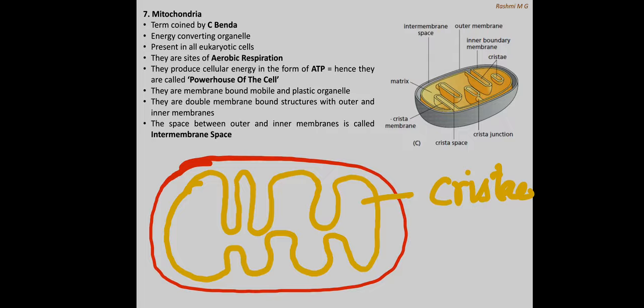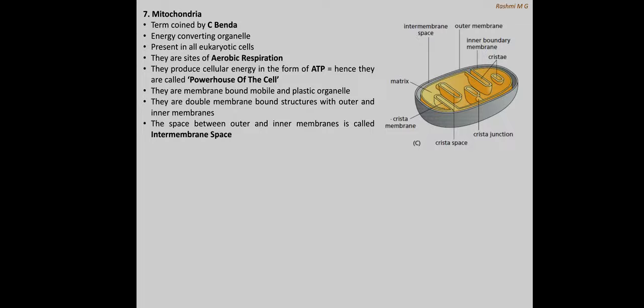They are very impermeable to many solutes due to the presence of a high content of phospholipids. The phospholipid present in the cristae is known as cardiolipin. It is a single word, cardiolipin. That is the phospholipid present in the mitochondria.